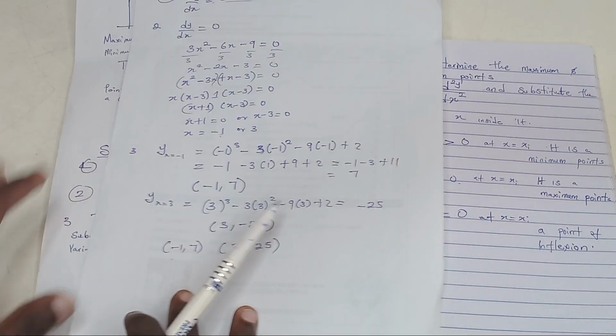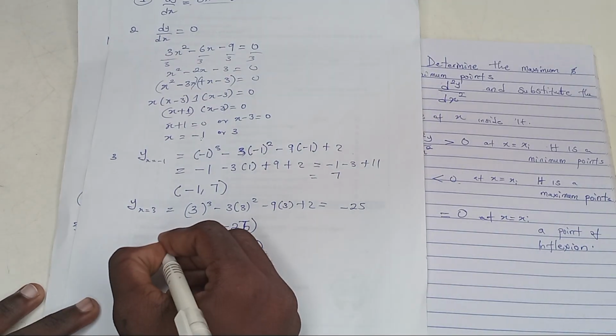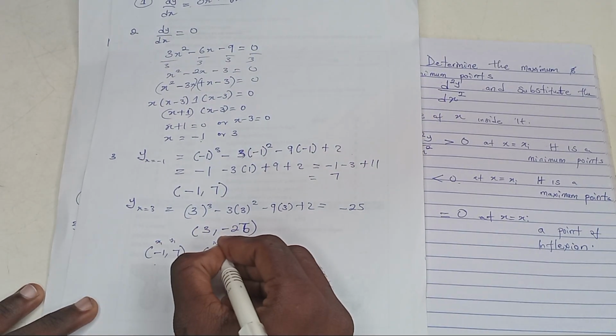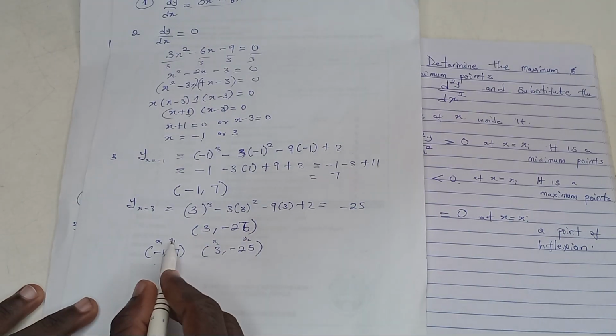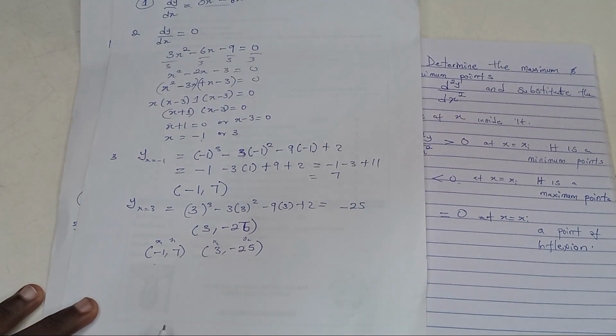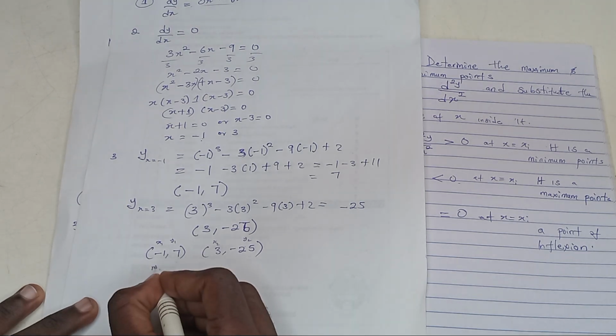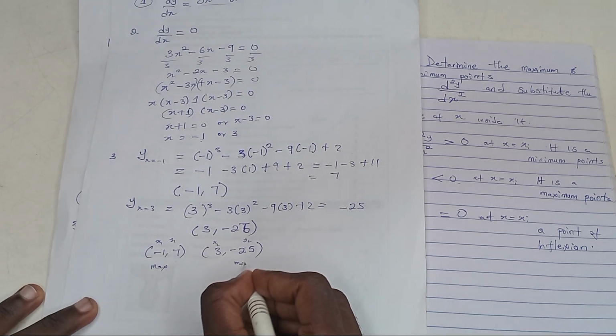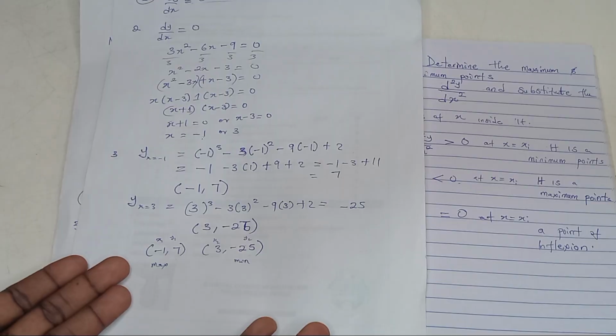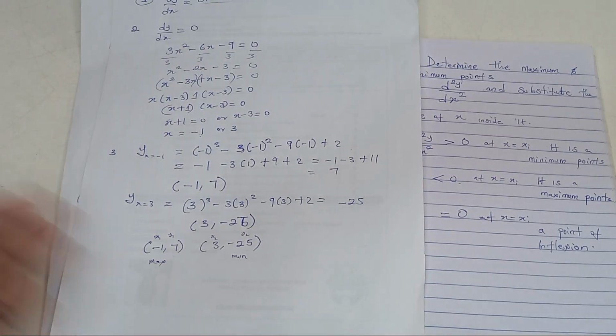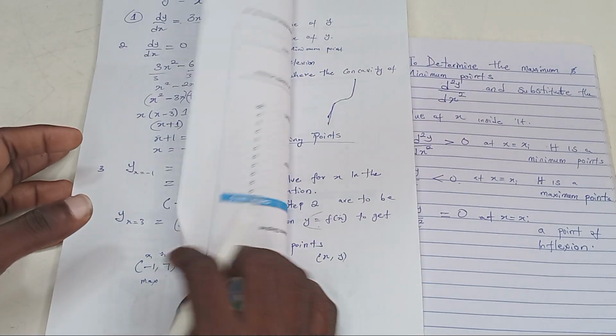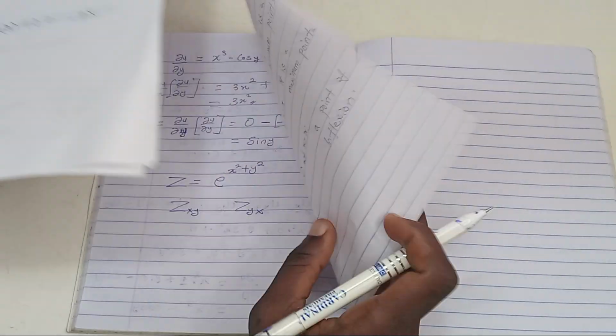So I just look at both points, x1, y1 and x2, y2. Between y1 and y2, which one is higher, which one is lower? I know that this is my maximum point and this is my minimum point. So I can get it here without the second derivative, d²y/dx². But let's move on to the fifth step.